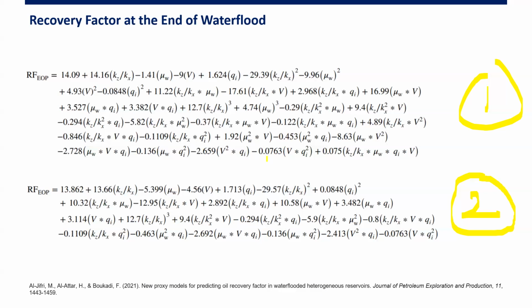But just like other correlations, this one also has restrictions and limitations, which are related to the assumptions and the generic model that they used. So you can use these new correlations, but be aware of the restrictions, weaknesses, and limitations. You can use this for comparison purposes in recovery factor benchmarking.